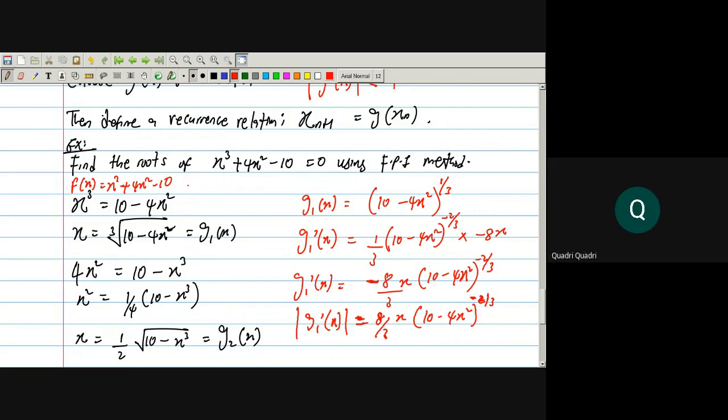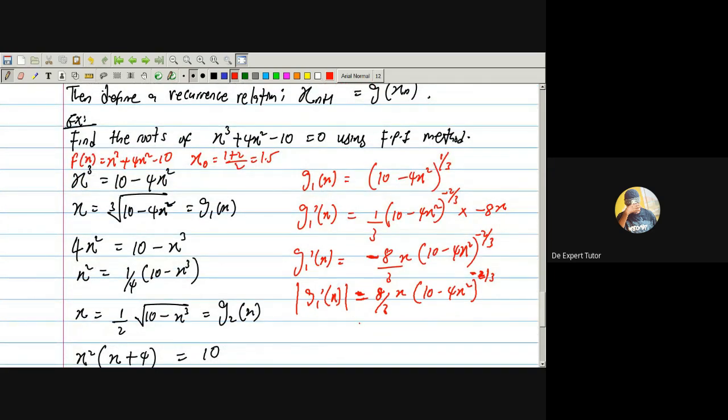So I have x naught equal to 1 plus 2 divided by 2, and that's 1.5. So take 1.5 here. At x equal to 1.5, what do we have? Yes, that's my x naught. So what do we have?